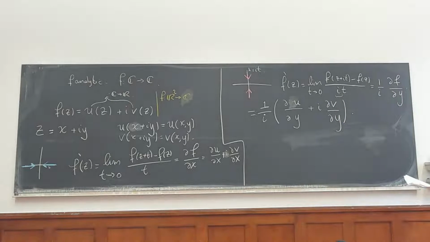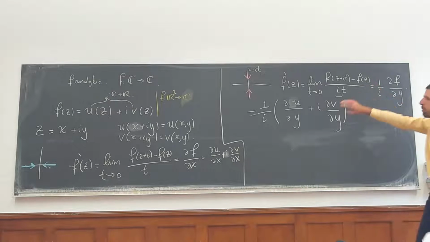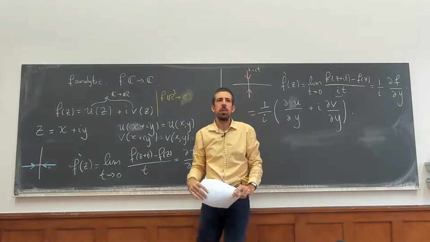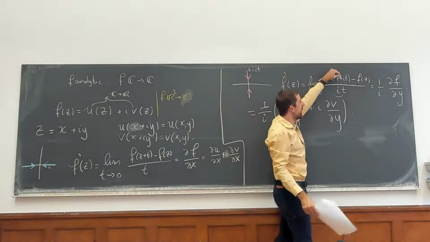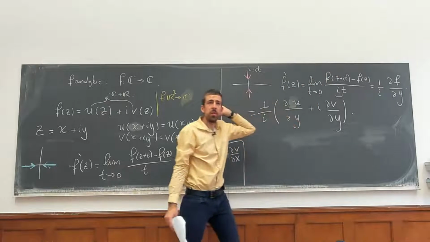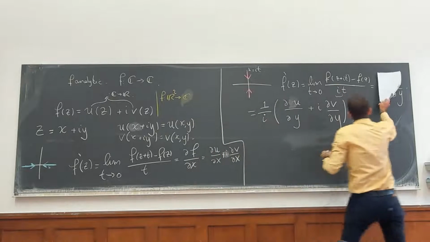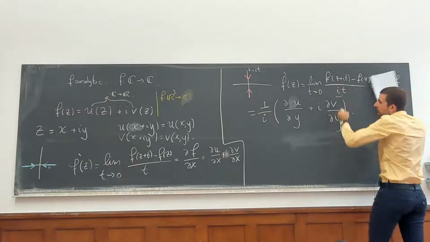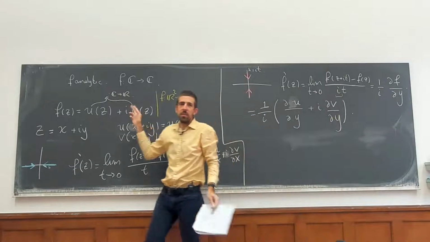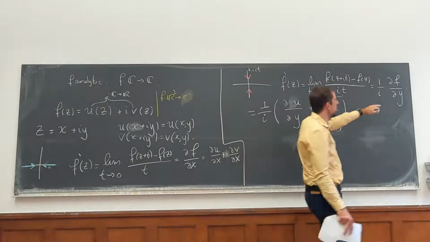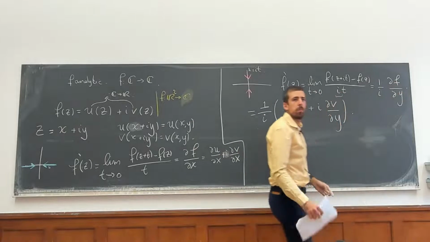Okay, if you don't like the fact that we're taking the function f from R2 to C, and it's creating some confusion, you can just expand f in terms of u and v and go straight from here to here, and ignore this. Because if you write f as u(z) plus i v(z), you would go straight to here. But it'll be useful to use this notation too.